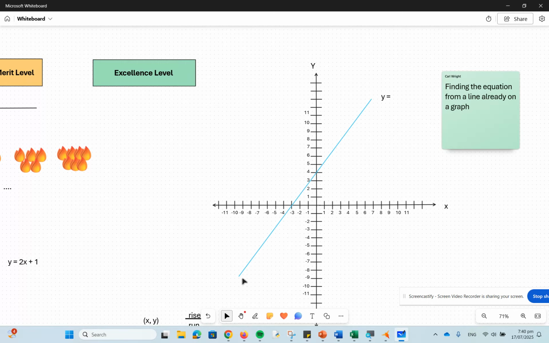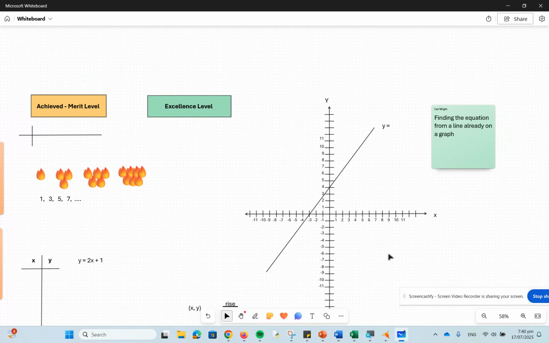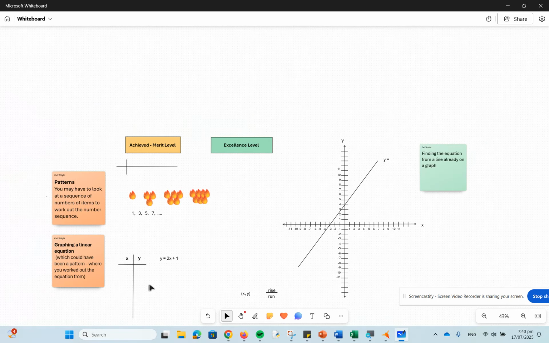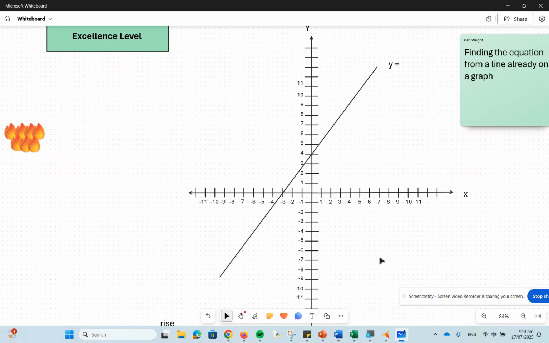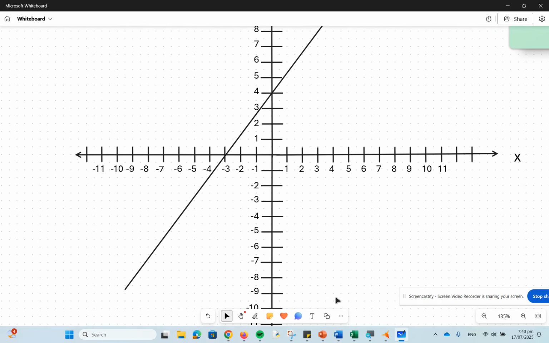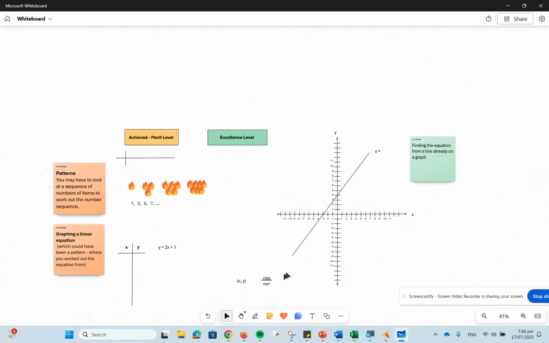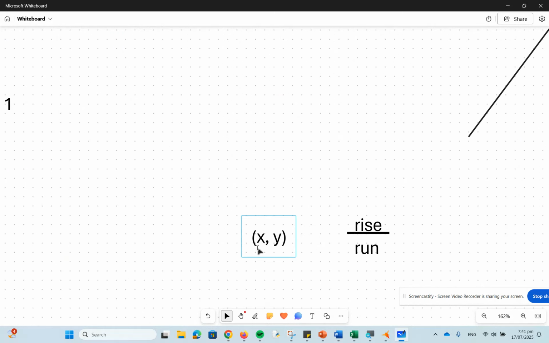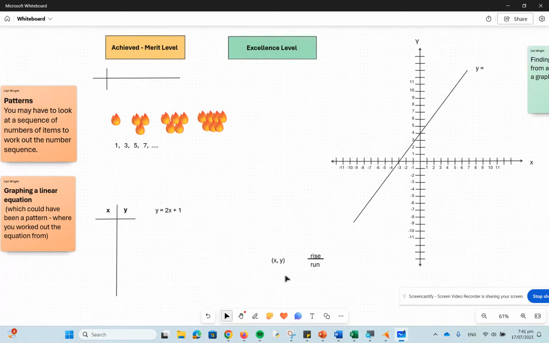You want to be able to plot coordinate points for achieved. I'll quickly show you how that's done. Going across the x-axis follows this pattern: x and y. The x in the coordinates is first, then a comma, and then the y is second.